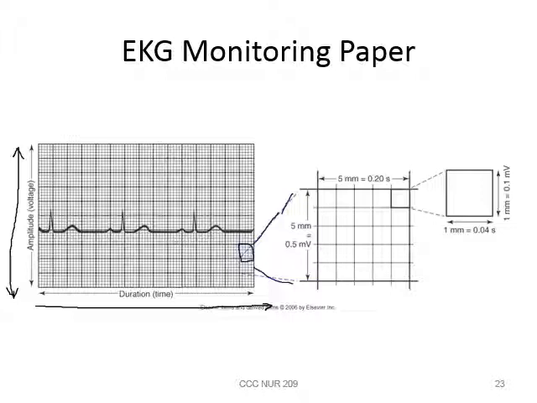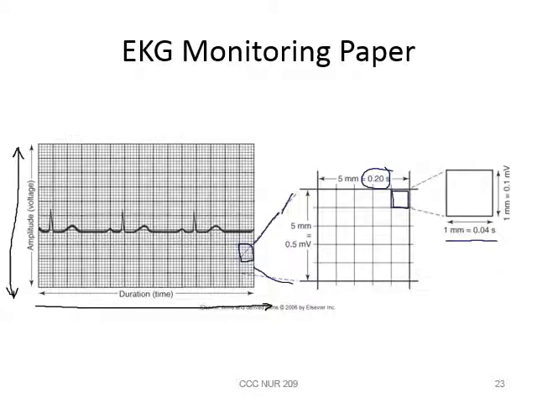Now these are further broken down into smaller boxes. You can see the smaller box here. The smaller box represents 0.04 seconds. So there are 5 small boxes in 1 larger box. You multiply 0.04 times 5, you get 0.20 seconds. It becomes very important as we start looking at heart rate and our PR intervals, our QT intervals, our QRS intervals to know what the size of these blocks are.